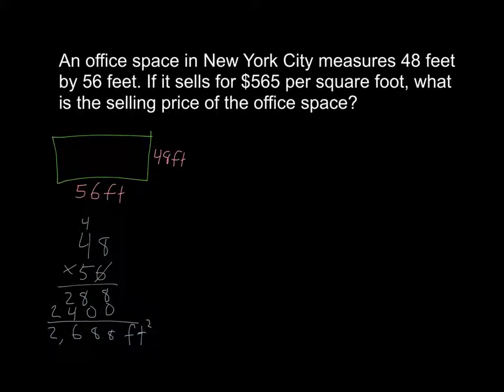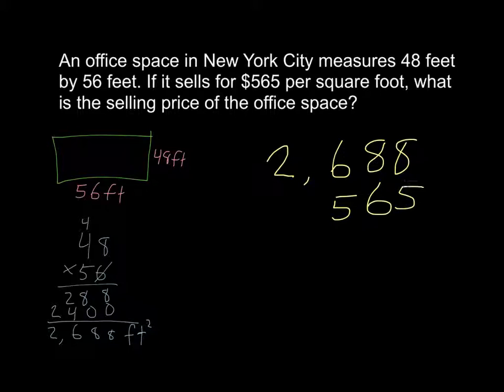Okay, that's step one. Step two, we know that it sells for $565 per square foot. So again, we're going to multiply. We're going to take our square feet, 2,688, and we're going to multiply that by 565.